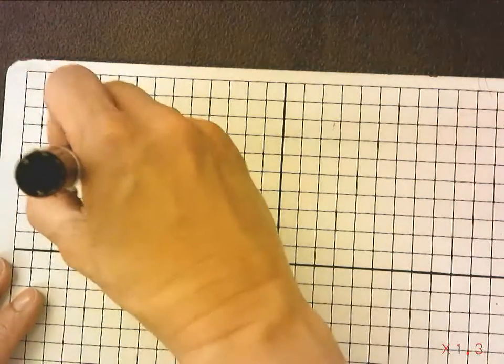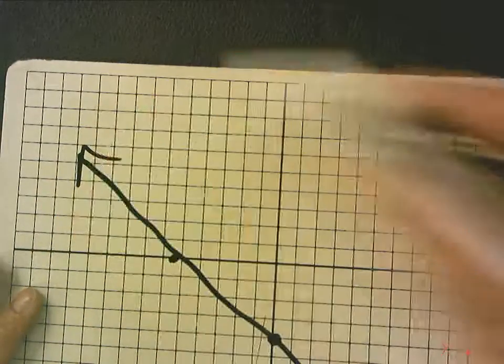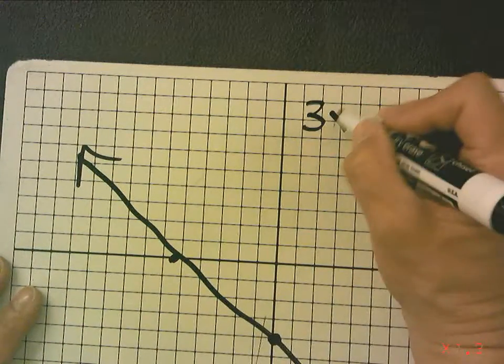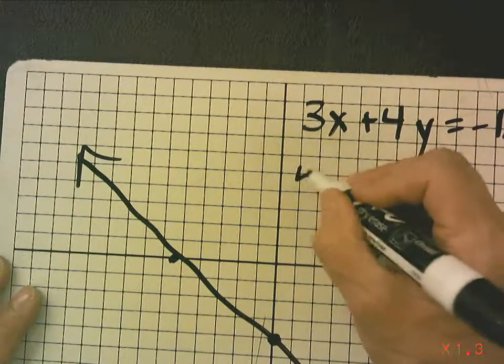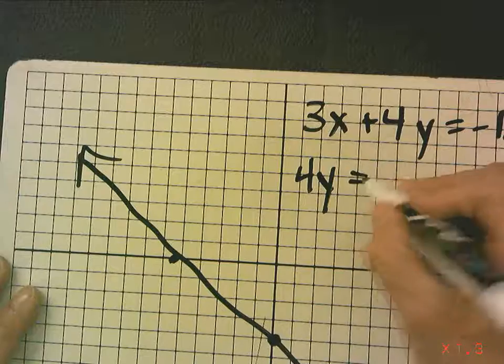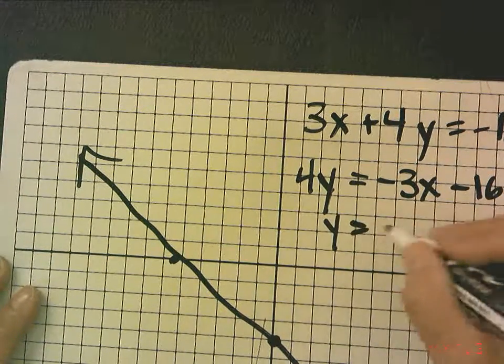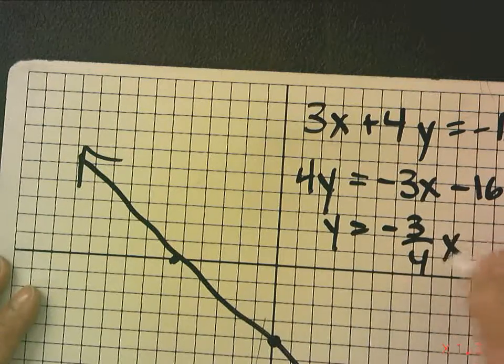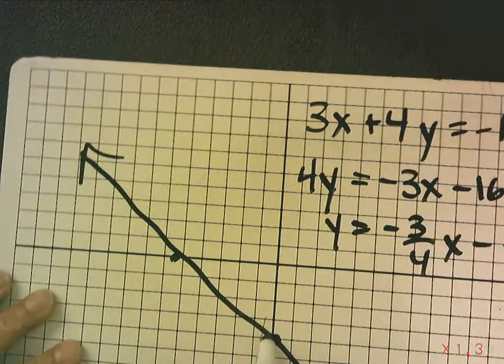So that's how that would be graphed. But now I'm going to check my answer by putting it into slope-intercept form. So another way to graph is to set it equal to y. And I get negative 3/4 x minus 4. I start at negative 4, which is my y-intercept.